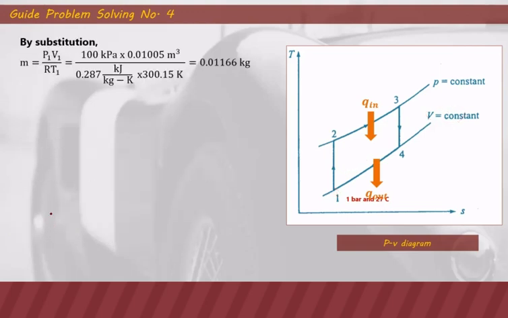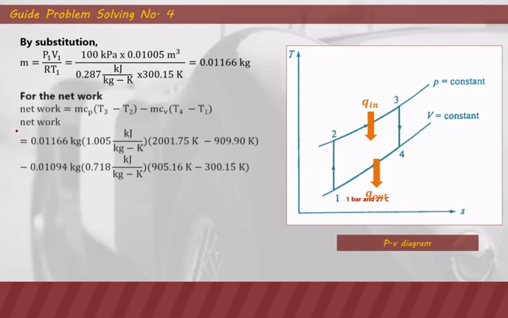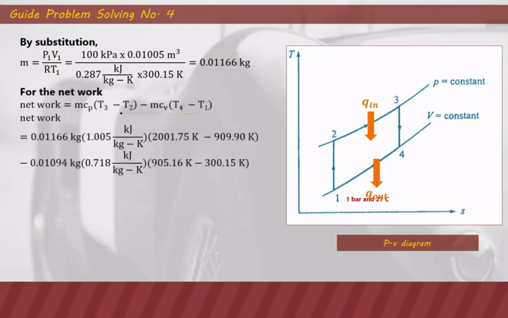Since we already have those, we can calculate the mass by substituting P1, V1, and RT1. The mass is 0.01166 kilogram. And finally, we can solve for the net work using the formula and the temperatures that we already solved. So the net work is 7.74 kilojoules.